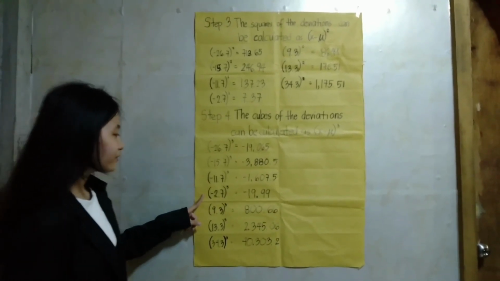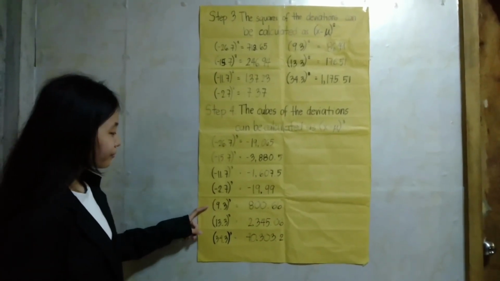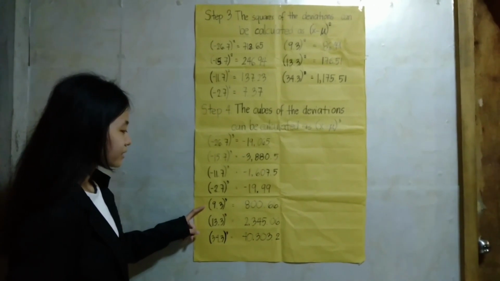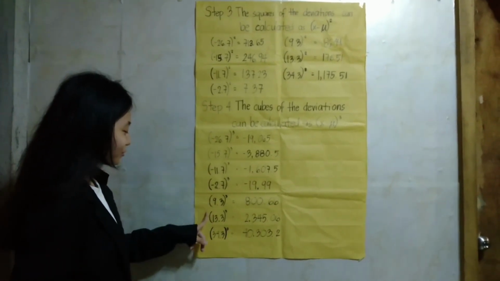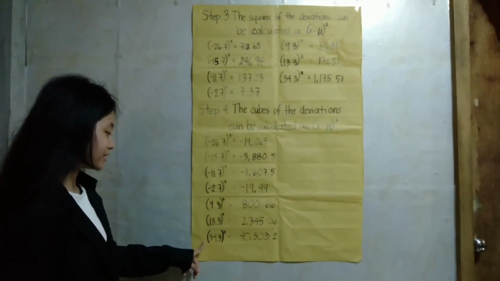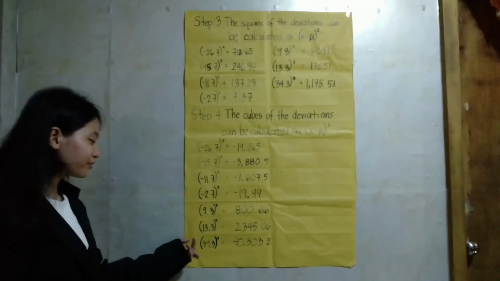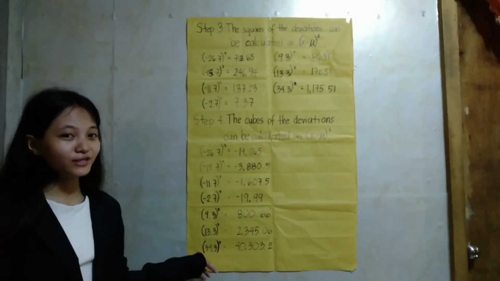Negative 2.7 cubed equals negative 19.99. 9.3 cubed equals 800.66. 13.3 cubed equals 2,345.06. And 34.3 cubed equals 40,303.2.